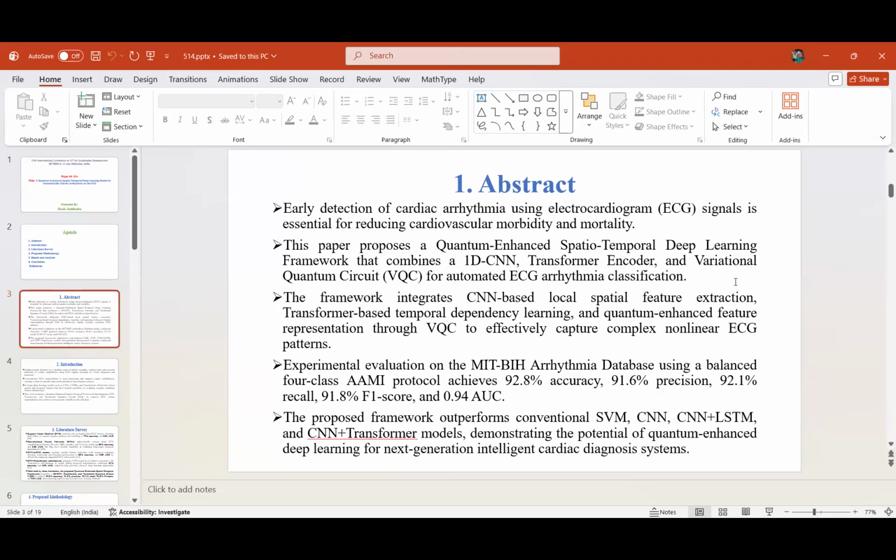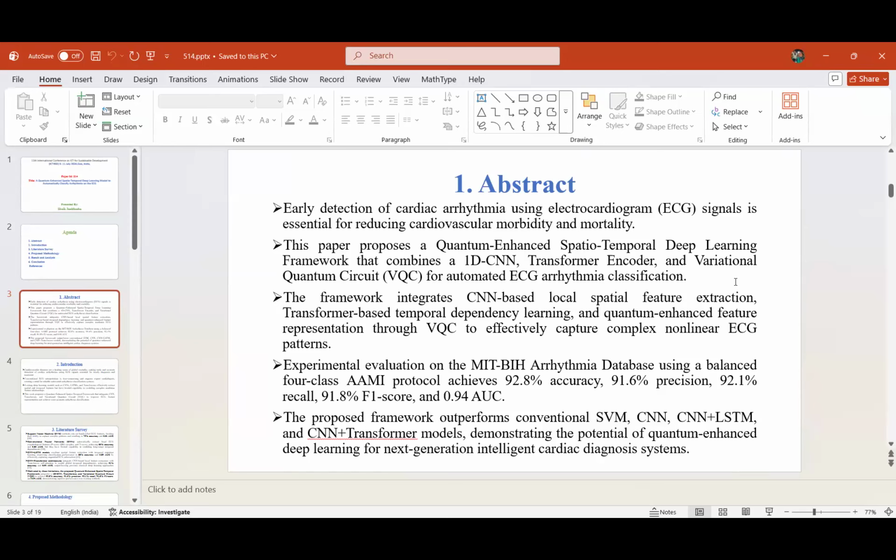So here, many methods are proposed, but we also proposed a new method. Here we use a quantum enhanced spatiotemporal deep learning framework, which combines a 1D CNN, transformer encoder, and a variational quantum circuit for automated ECG arrhythmia classification. So this integrates all these: 1D CNN, transformer, and the variational quantum circuit.